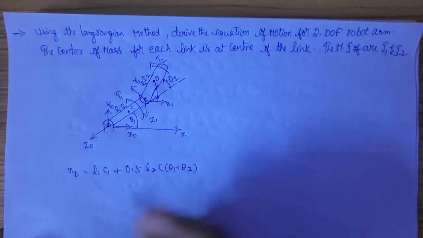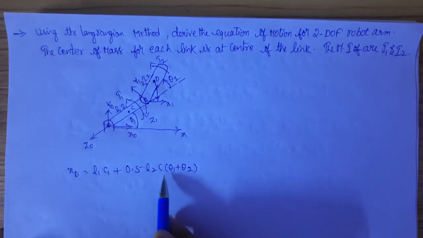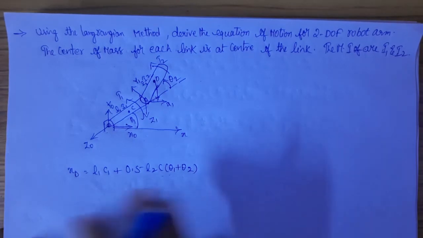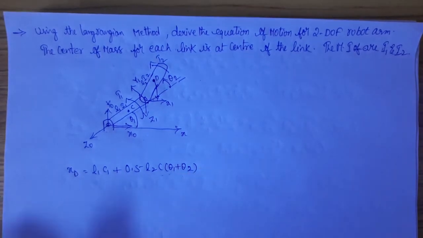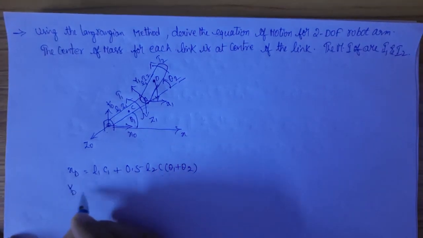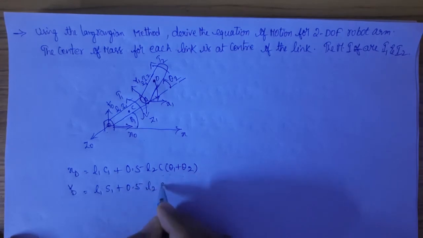We will write cos 12 in place of cos(theta 1 + theta 2), so that it is easier while writing the equation. With respect to the y coordinate, we get y_D = L1 sin theta 1 plus 0.5 L2 sin(theta 1 + theta 2).